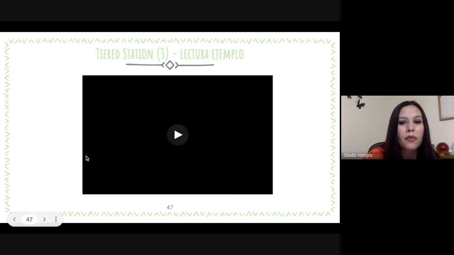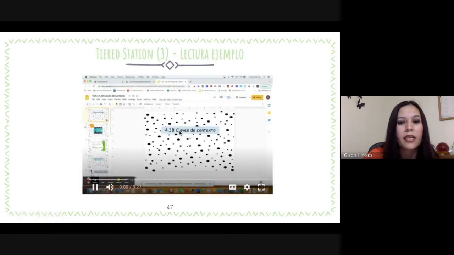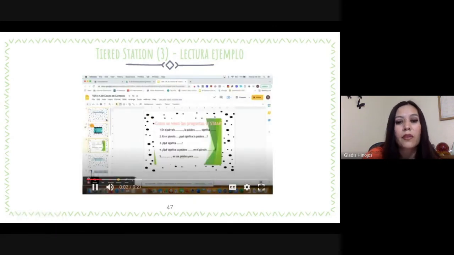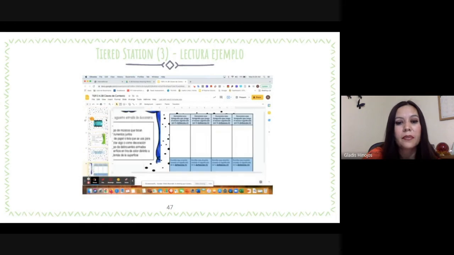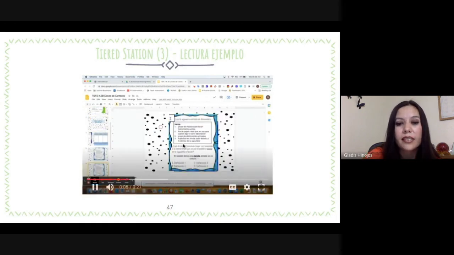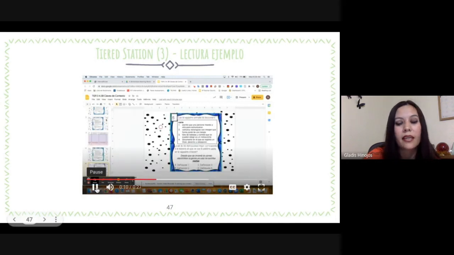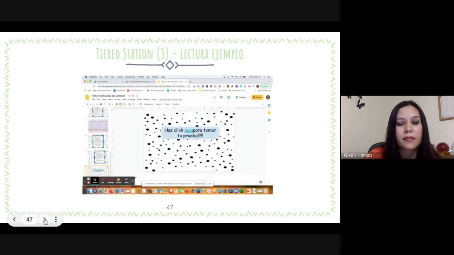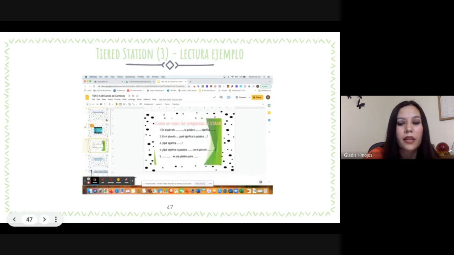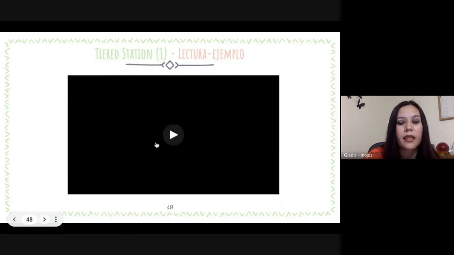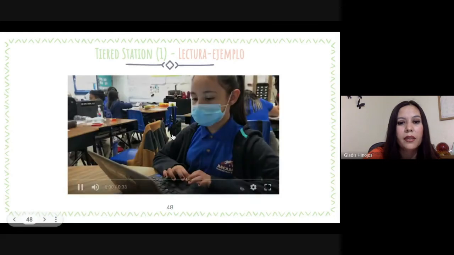So we added more visuals on this one, more matching, looking for pictures, analyzing it, creating their own sentences. And at the end, same thing, they take an exit ticket. So all of them are getting that support. It's just differentiating. And let me show you a little snippet of my tier 1.